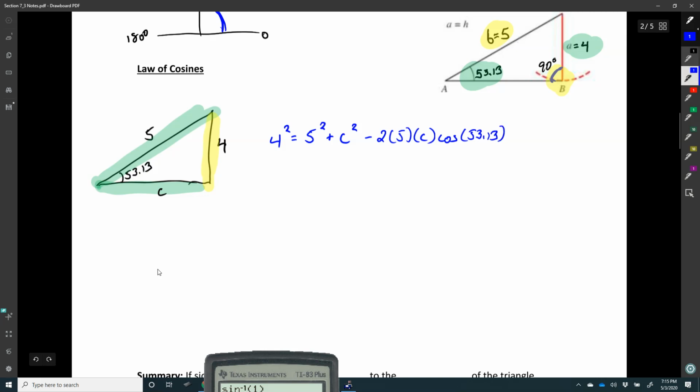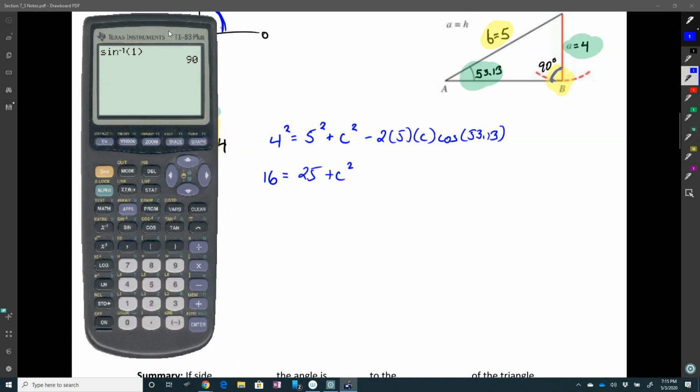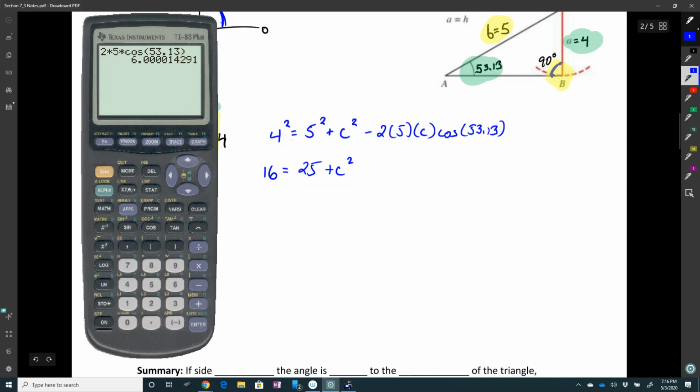So 16 equals 25 plus C squared. On your calculator, I'm going to type in 2 times 5 times cosine of 53.13. And notice that that's pretty much 6.